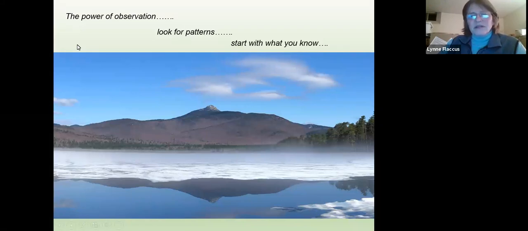When you look at this late winter, early spring view of the mountain, you can see patterns on the mountain. Whether you've been on the mountain or not, you can probably make some hypotheses about what's there on the ground, whether it's trees or the rocks underneath. So you look at the top of the mountain, there's no trees up there, so there's a bunch of rocks, more than likely.